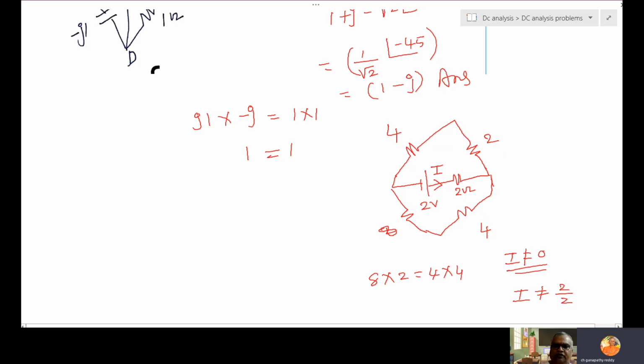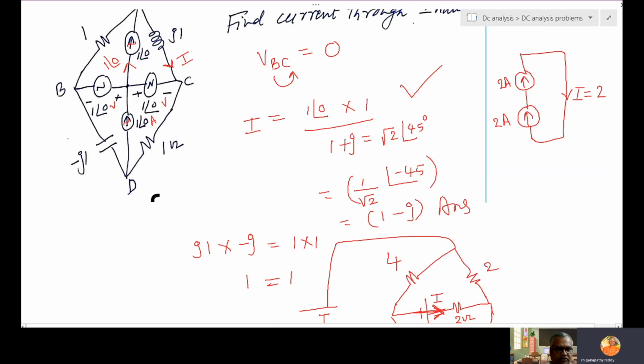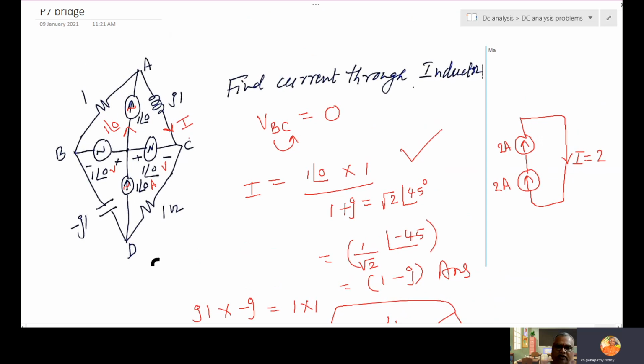If the source is outside, if the source is connected here, the same 2 volts connected here, now this is short. If they ask for the current here, undoubtedly the answer is 0 because the bridge is balanced. So when the bridge is balanced, the source should not be inside, it should be outside only. So here the bridge balanced concept is clearly not applicable.